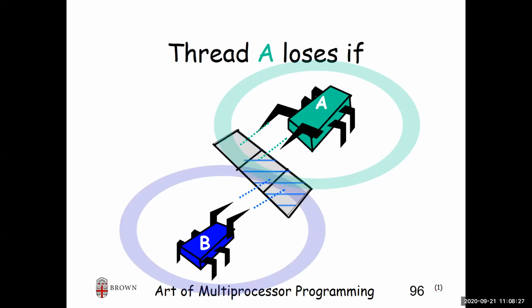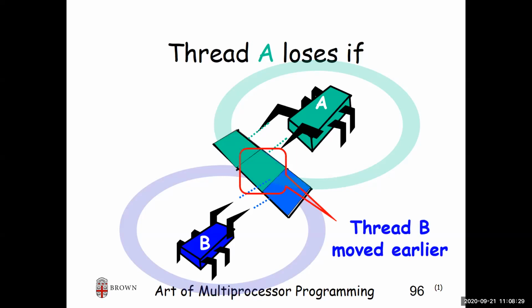And thread A loses if thread B moved earlier. So by comparing these last two memory locations, A can determine whether it won or not. That's based on the ability to write two locations at once. Does anybody have a question about that?